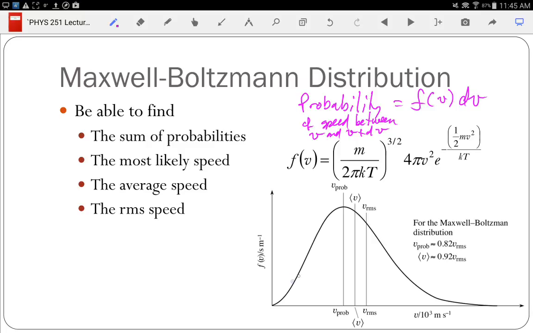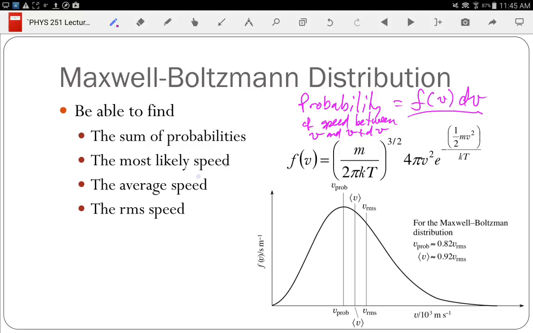So we're taking the probability and multiplying it by, it's not a score, it's not a mass. What are we using here? We're finding the average speed. So we take the probability of each speed and multiply it by the speed. The probability of the speed is this thing here. Multiply that by the speed, and then add them all up. And of course, if it's a continuous function, what does add them all up translate to?